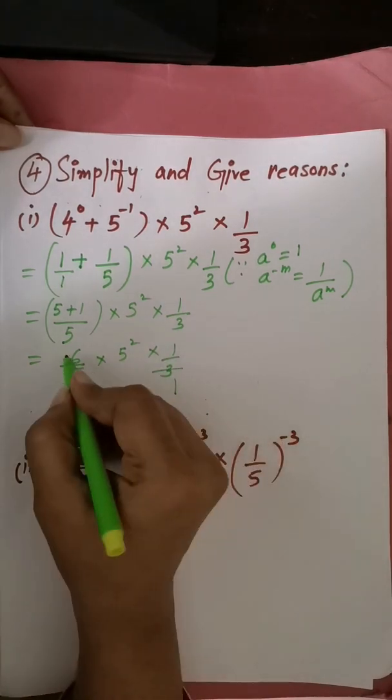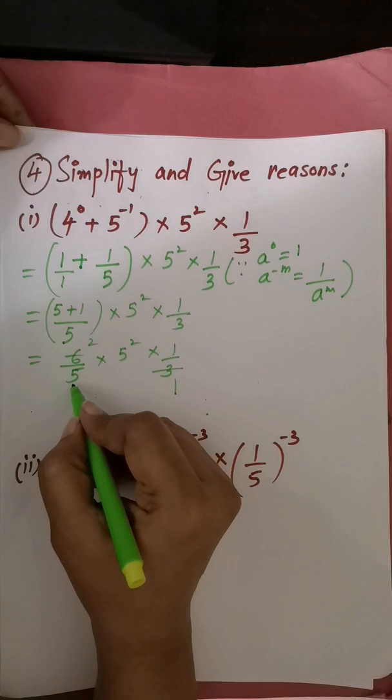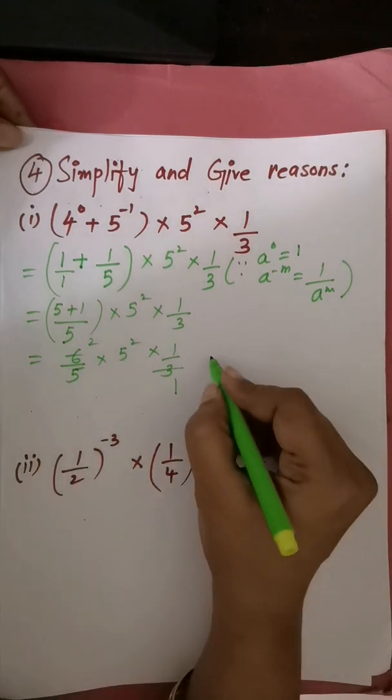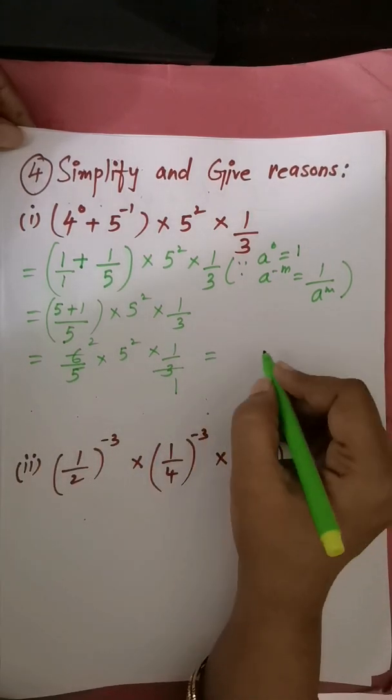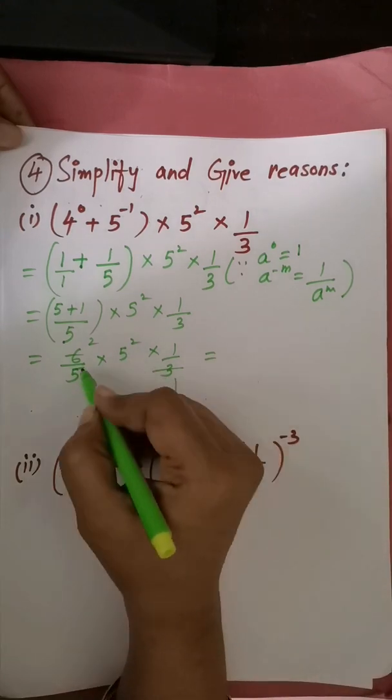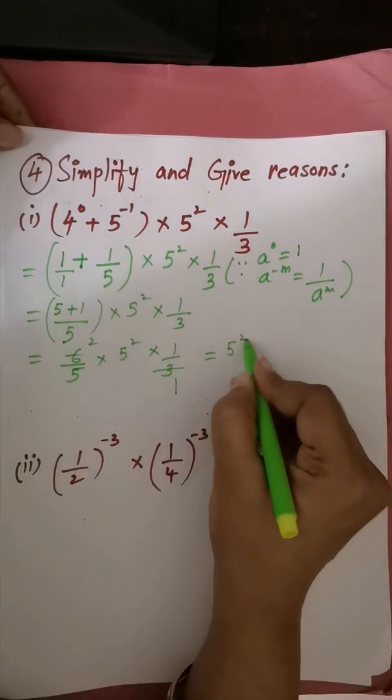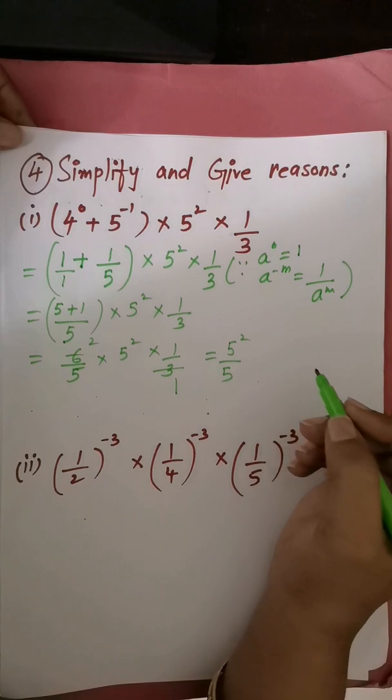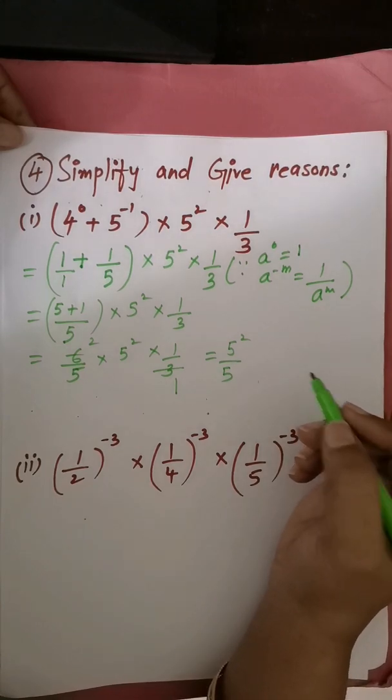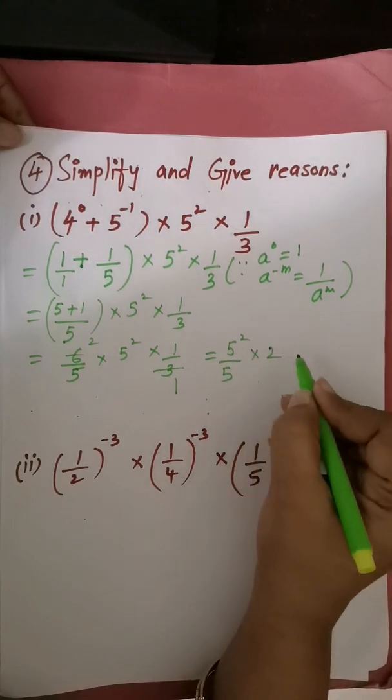Here 3 twos are 6. Here 1 5 is there, here 2 5s are there. So you can cancel 1 5, or 5 by 5 squared, 5 is left, nothing else is left. Yes, into 2 is also there.